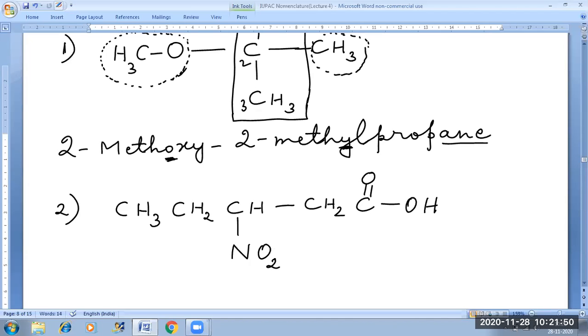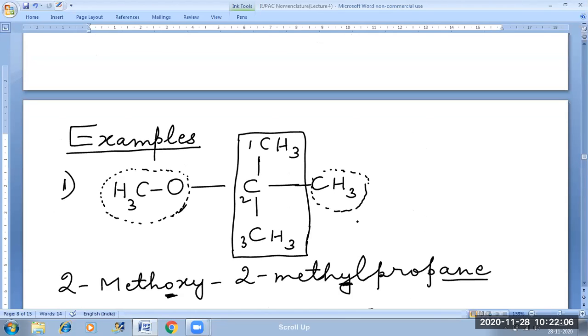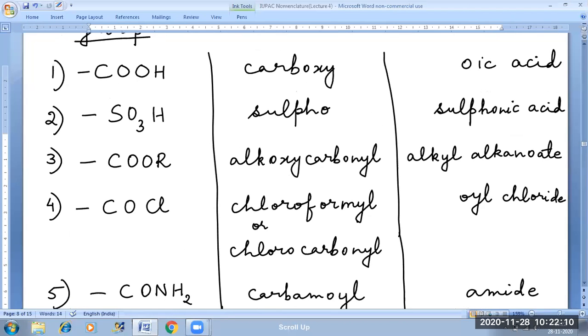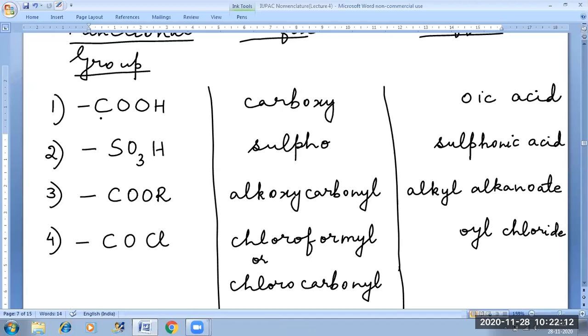Again, we see that we have NO2 present, and as per point number 5, NO2 is always going to act as a substituent. Apart from that, let's see what other thing is present. We see COOH, right? COOH, carboxylic acid.